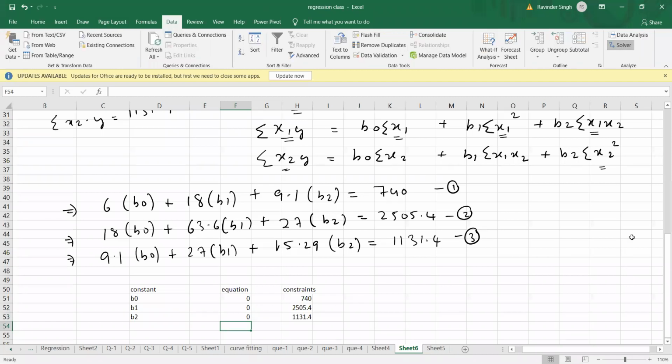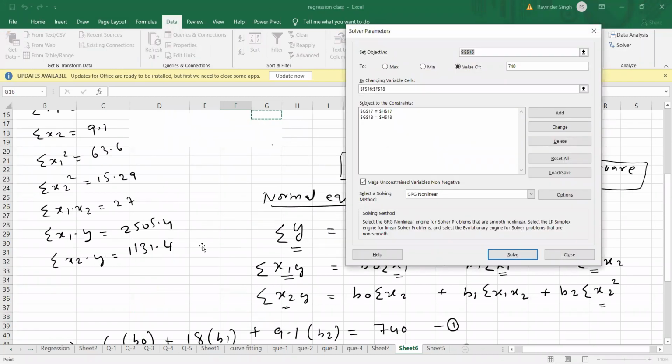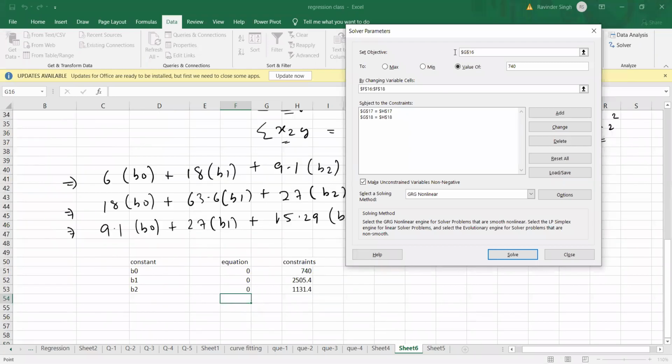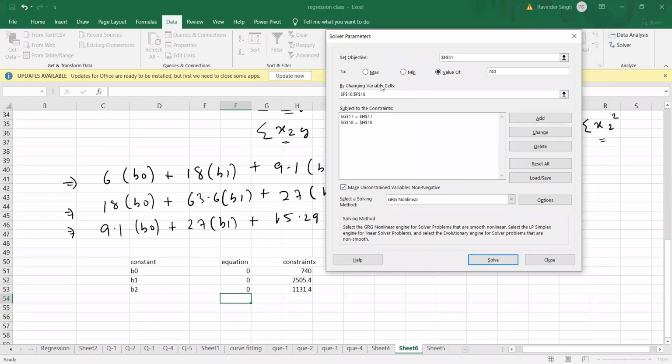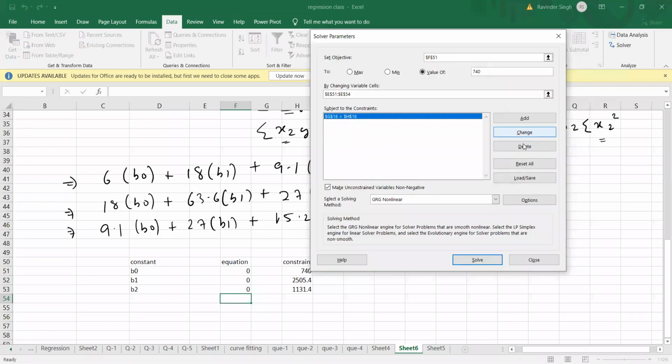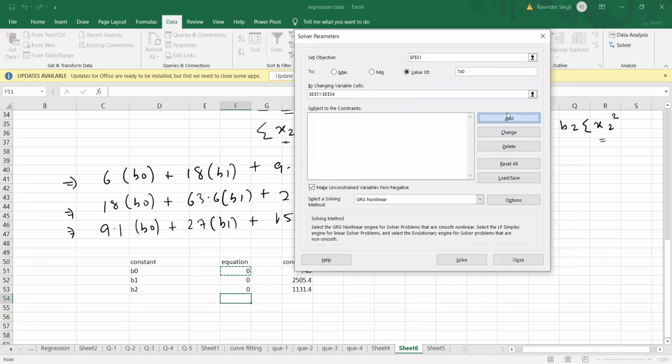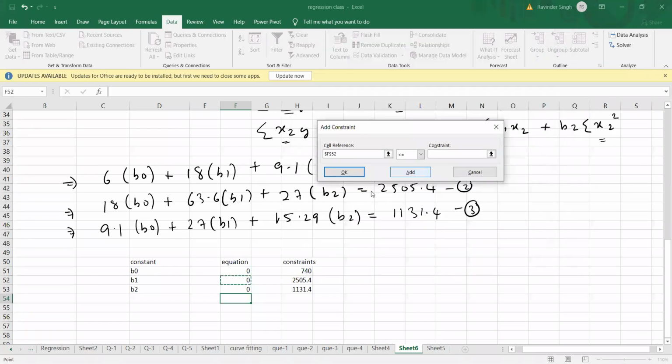I will go to the solver, enter the equations, range will be these 3, and straight add.